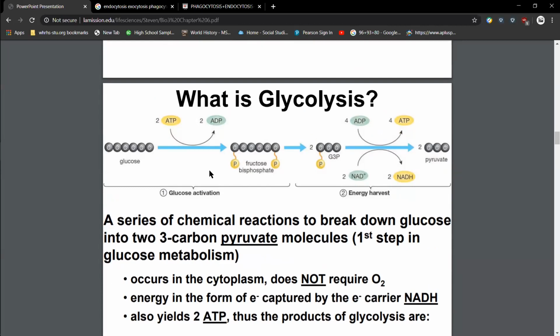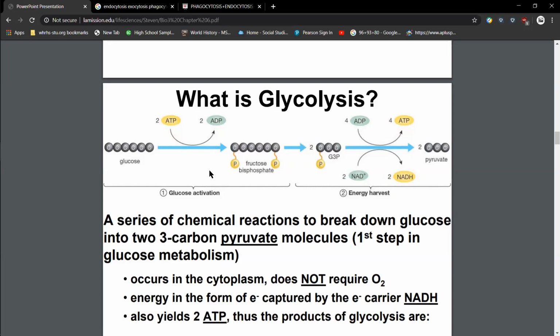It occurs in the cytoplasm of the cell. This first step does not occur in the mitochondria. That's important. The first step of cell respiration occurs in the cytoplasm. Glycolysis does not require oxygen. Let's talk about what it takes up and what it makes.